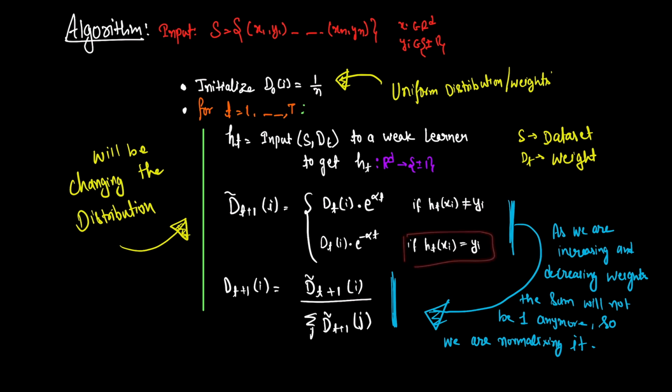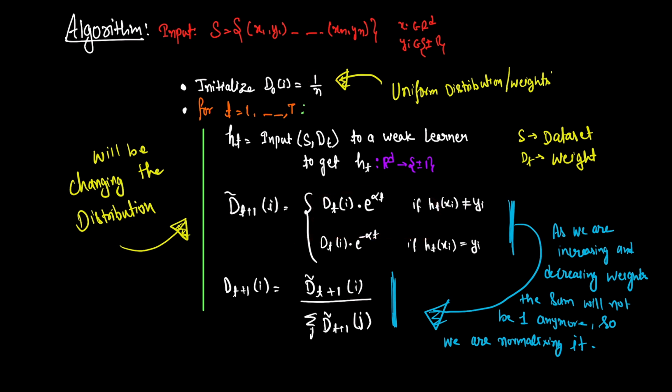If it is equal to the actual output, then we use e raised to minus alpha_t. So again we made a change, and this is a distribution that we are changing.